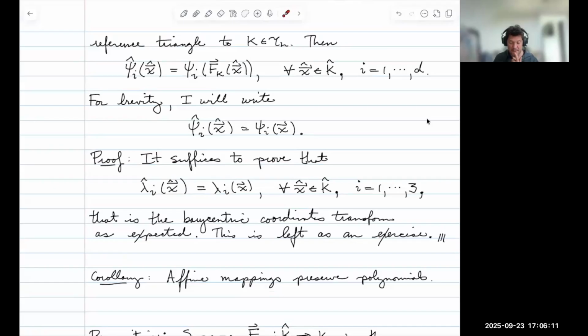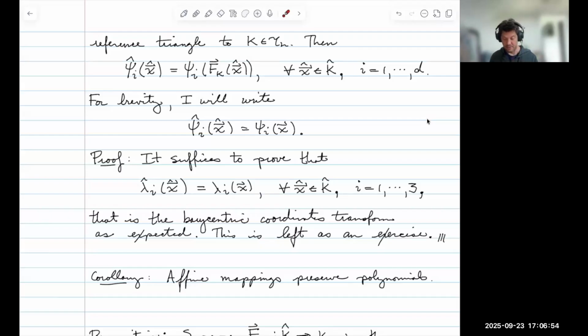Now, how can you show this? The easiest way to show this is, remember that we had a formula for psi_i for any arbitrary triangle in terms of barycentric coordinates. I can also come up with a version of those local Lagrange nodal basis functions with respect to the barycentric coordinates on the reference triangle. So I know exactly how to write these functions in terms of products of barycentric coordinates. So go back to the last lecture if you want to see how this is done.